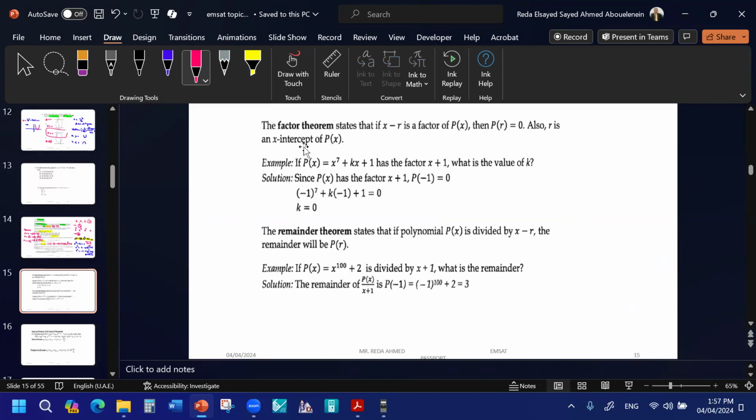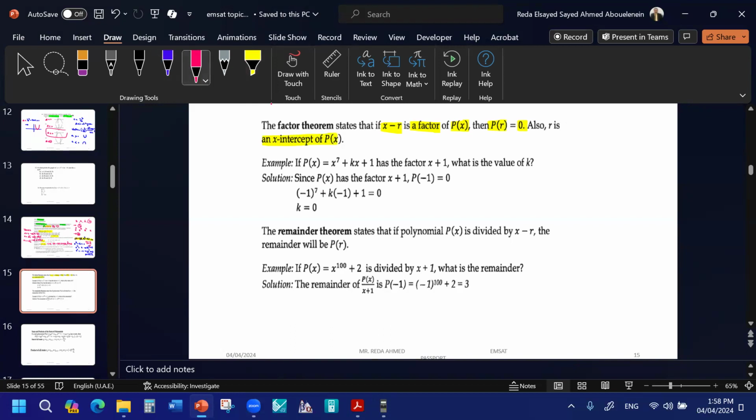Here we have as well an overview of the factor theorem. If x minus r is a factor of a polynomial p of x, then p of r equals 0, and r is the x-intercept of that.